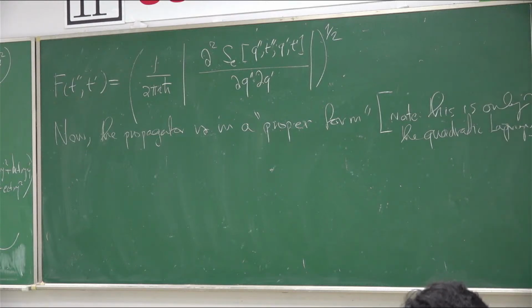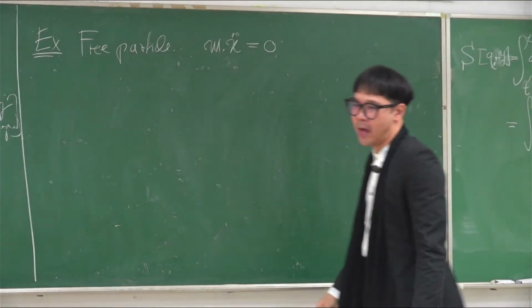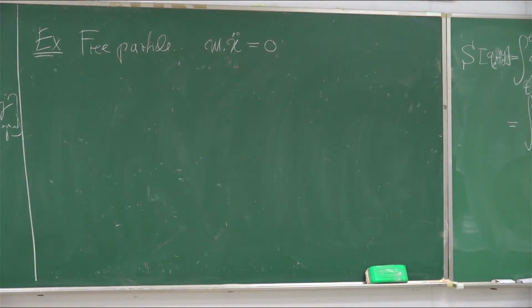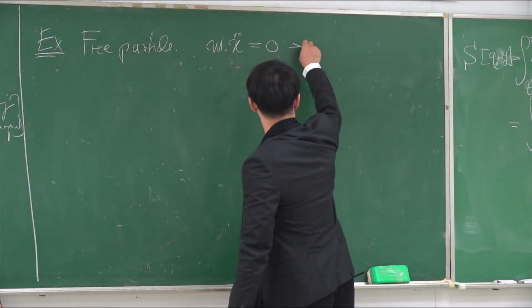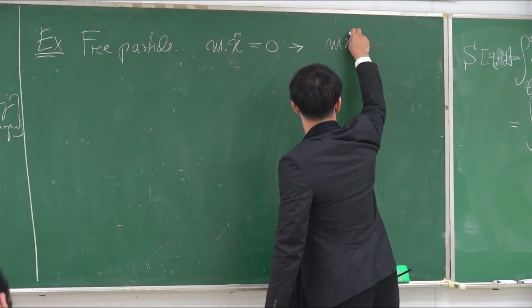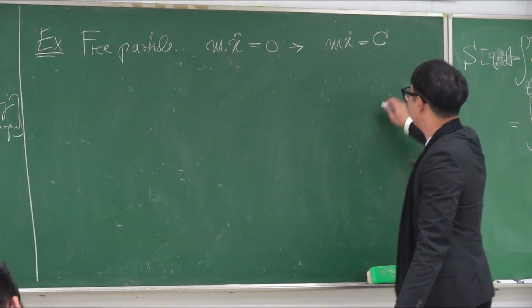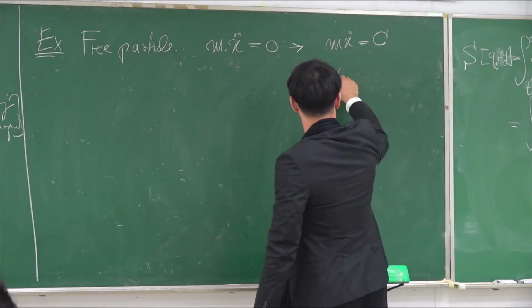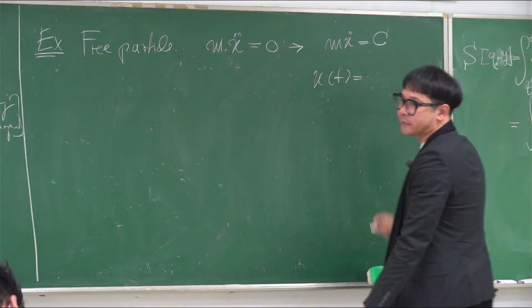In this case, for the particle you have mass m. You have x dot, right? And so you know that it must be constant. And your x, which can be explained in terms of what?